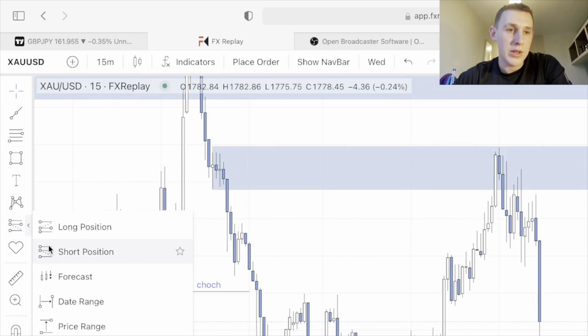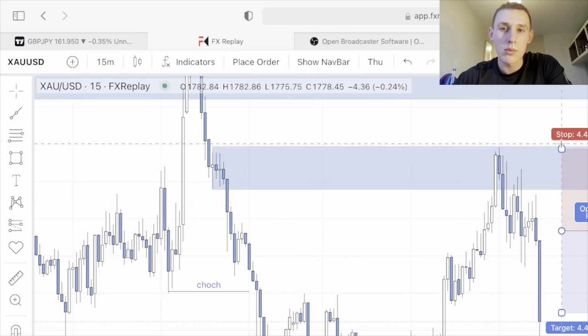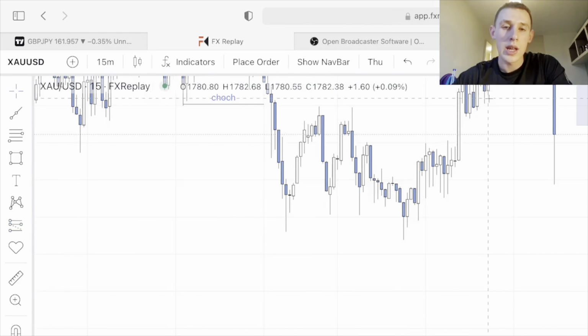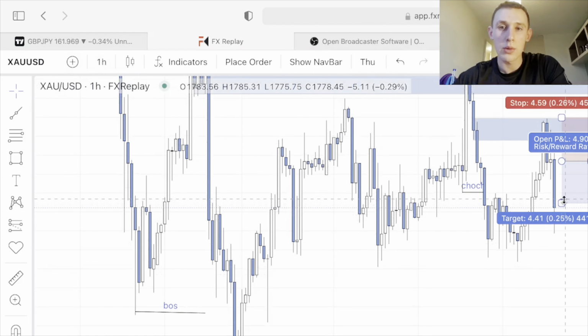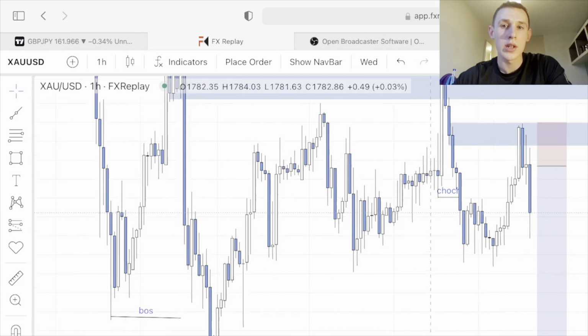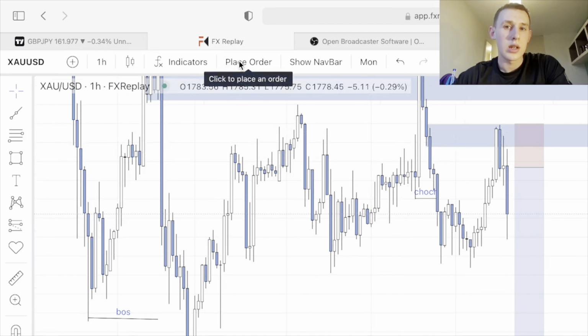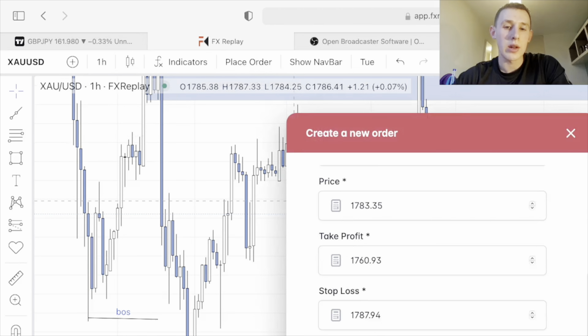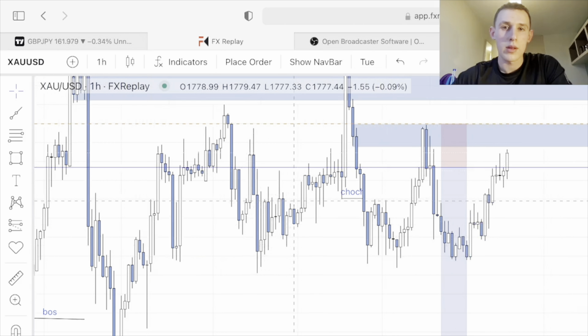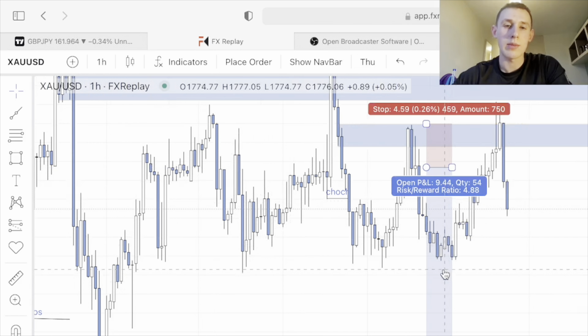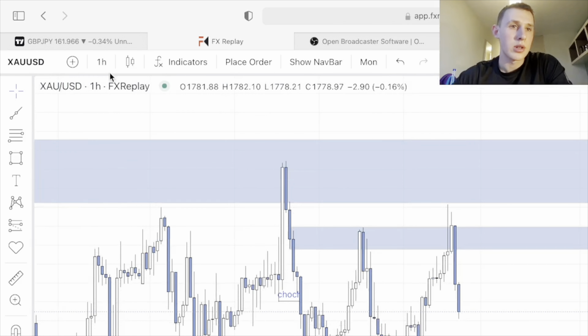I would probably be entering from this level, stops above the high. And again, we will target the current low of the 4 hour trend and see how that goes. Okay, so that one was a stop loss.